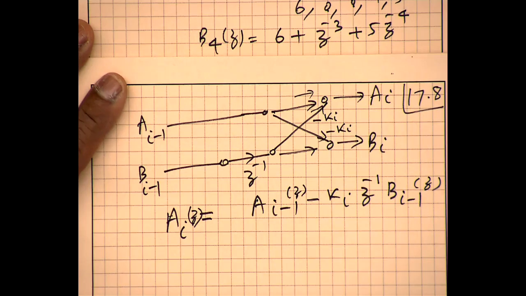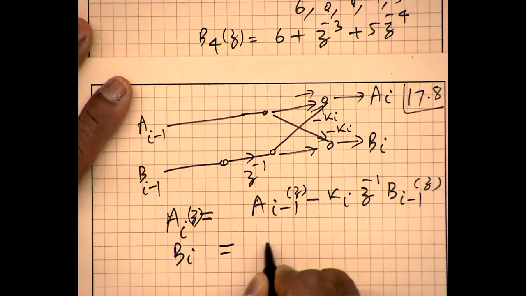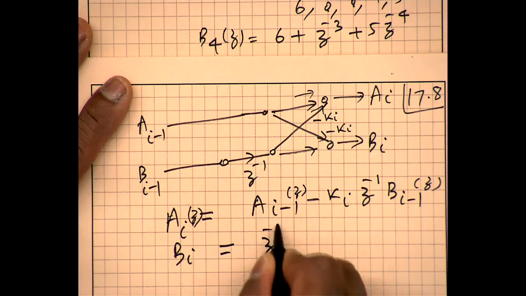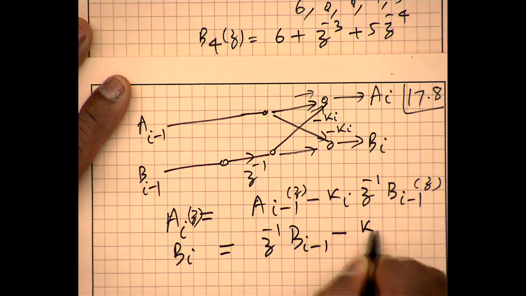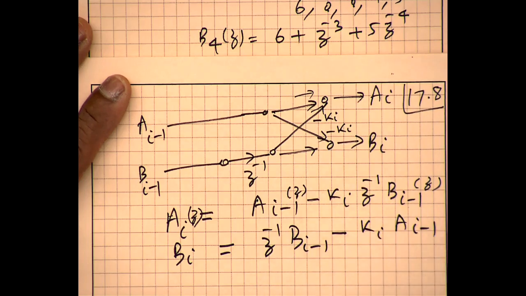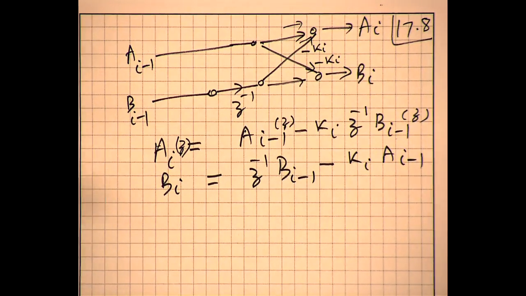Then Bi is going to be z to power minus 1 B(i-1) minus Ki A(i-1). So that's really all there is.